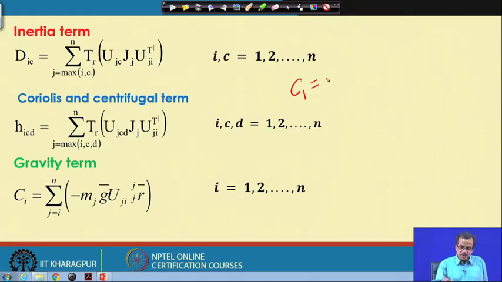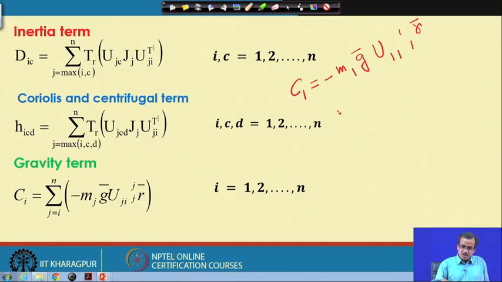I can write it like minus m 1, j equals 1 here, then comes g bar, then comes U, j equals 1 and i equals 1, then comes r 1 with respect to 1 bar.